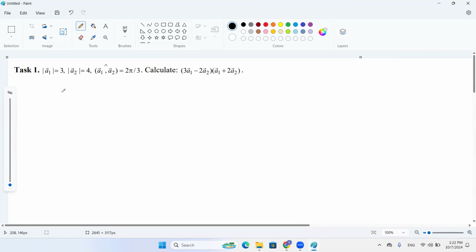I see. Okay. Let me remember some of the properties. The associative rule: if only one of the vectors is multiplied by a number, we just move this number out of brackets. And also the distributive rule.